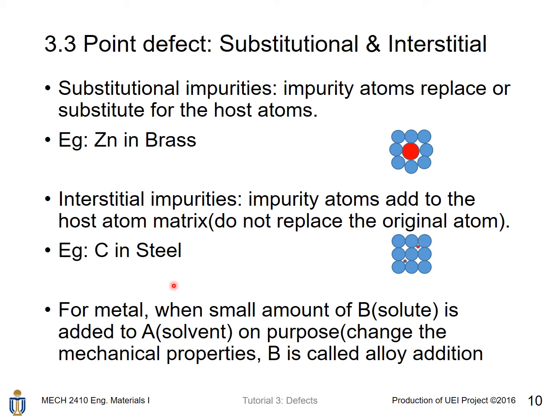For metal, when a small amount of B, the solute, is added to A, the solvent, on purpose, it changes the mechanical properties. B is called the alloy addition.